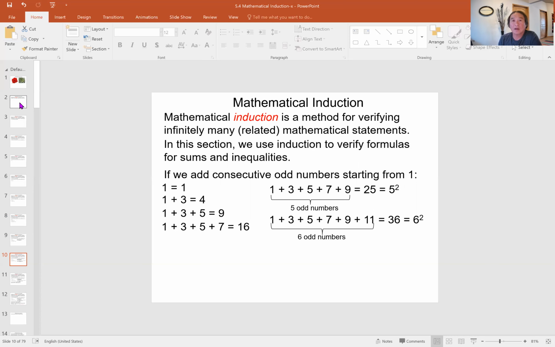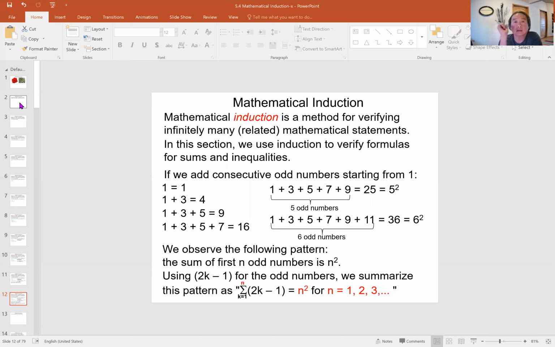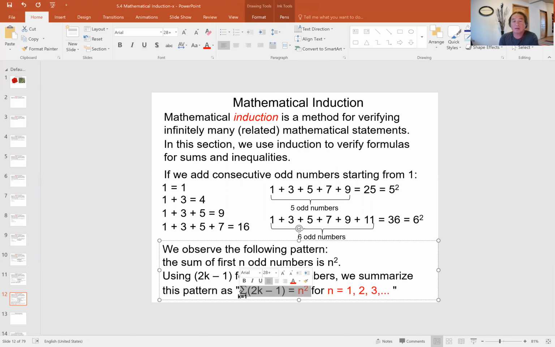In other words, write the pattern correctly. In English, the pattern says the sum of the first n odd numbers is n squared. In mathematics, since odd numbers are represented by 2k minus 1, I can write this in summation notation: the sum of 2k minus 1, from k equals 1 to n, equals n squared. This is the pattern I see in these formulas.